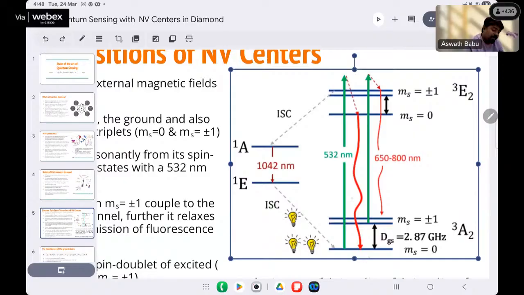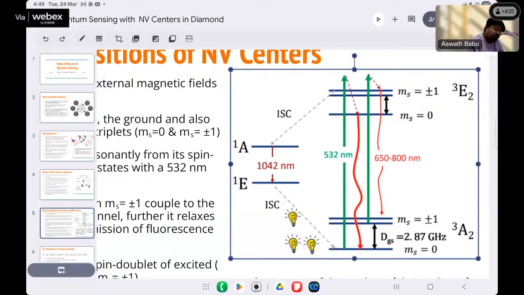If the green light comes out as it is without being absorbed by the system, in that case, you can say 532 nanometer is never close to the 1042 nanometer of the initial transition. So 532 nanometer is never going to be absorbed by the initial transition if the system is existing in the initial transition without any external magnetic field.